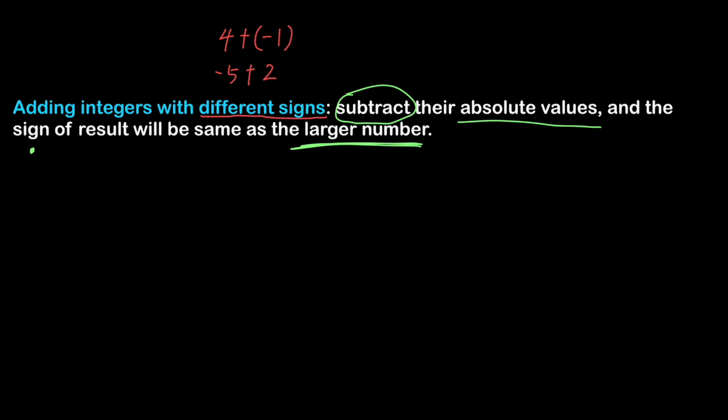Let me show you algebraically. If I have a negative number, let's say negative 6 plus 2, we can tell directly that they are different signs, right? One is negative and one is positive. And the rule says we have to subtract their absolute values. But here I want to tell you more about it.